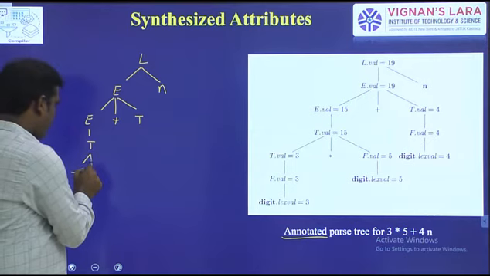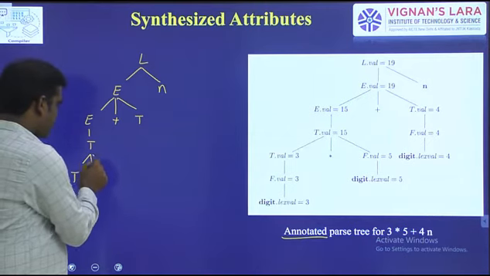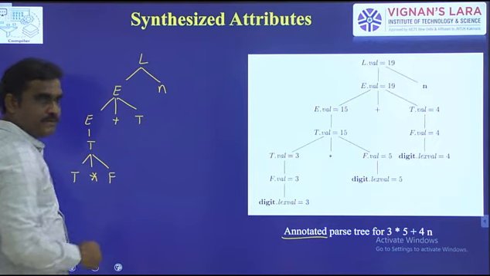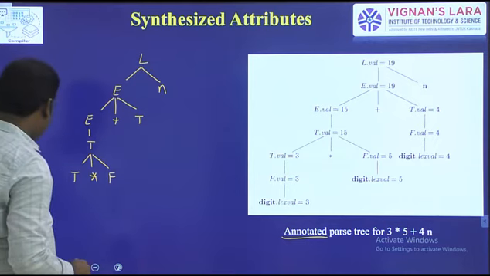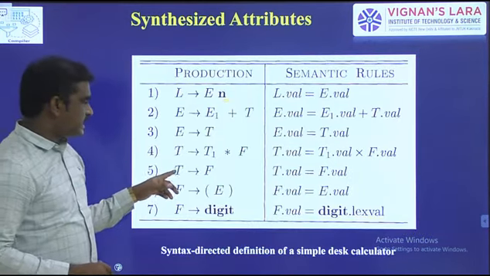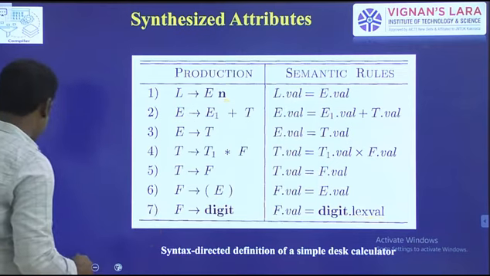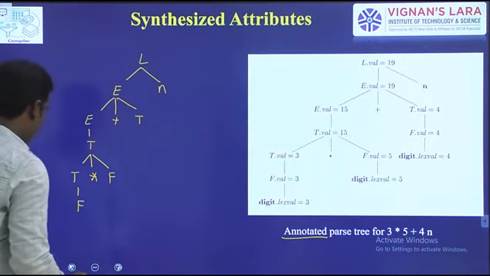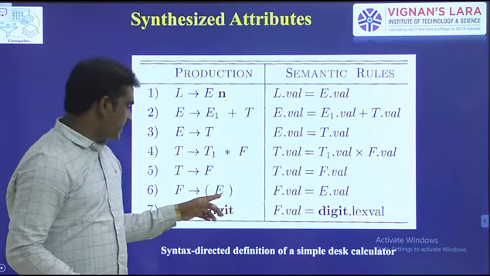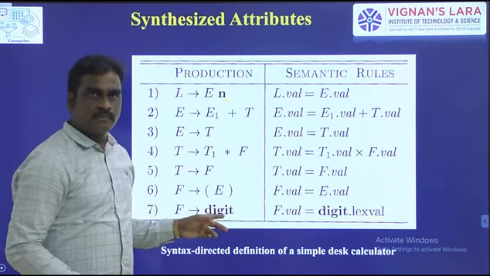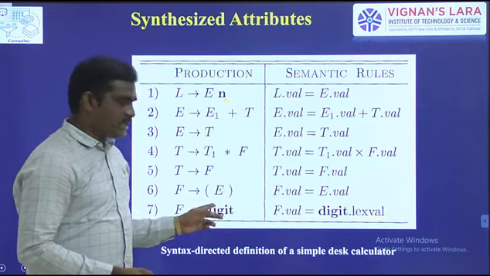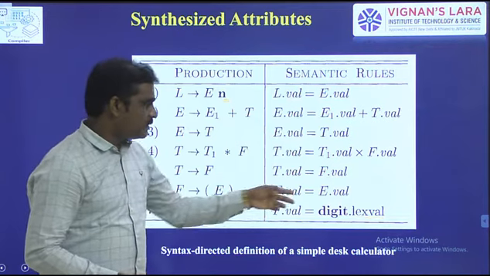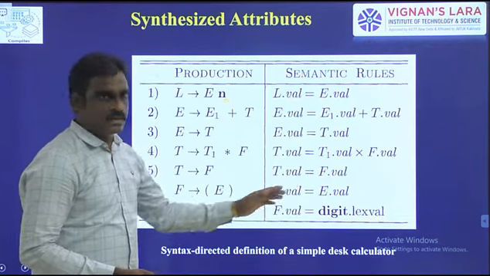So T star F. Next one, T. Now select T means F. Next, what is F? F to E and F to digit. We have to select F to digit only, because E is not required.